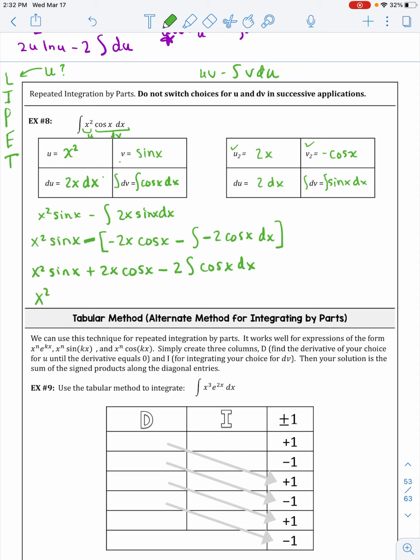And so this last integral, we don't need to do integration by parts. We can solve that by just saying, what can I take the derivative of that will give me cosine? That is sine. And then add our plus c because it is an indefinite integral. And that's our answer.